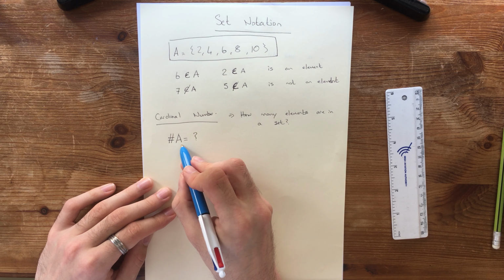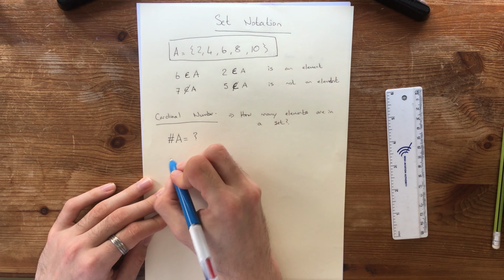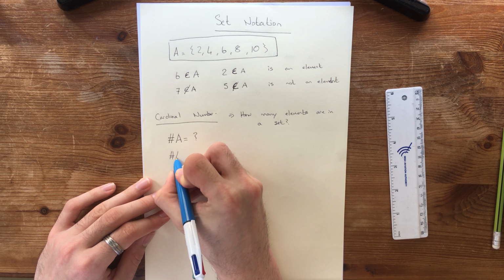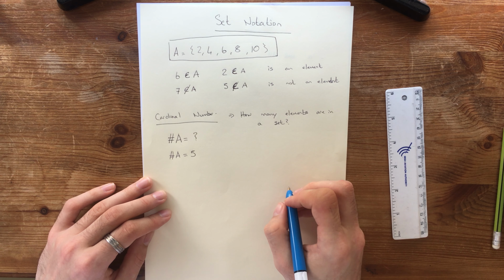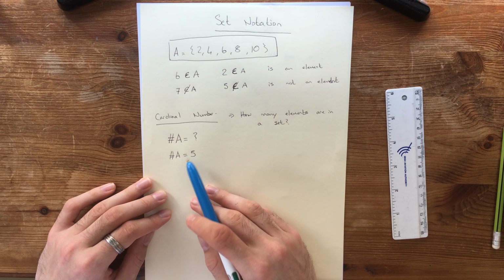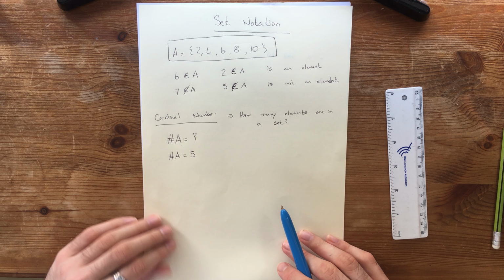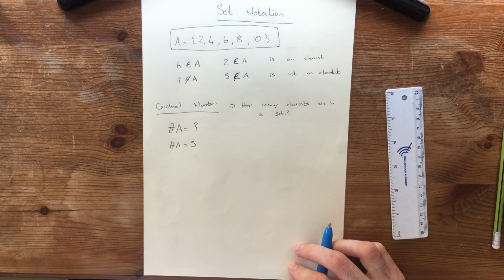So how many elements are in the set A? 1, 2, 3, 4, 5. So the cardinal number of A is equal to 5. It's pretty straightforward. All you have to do is count how many are inside those brackets, and that's going to be your answer. So that's the cardinal number, and it's denoted by a hashtag symbol here.